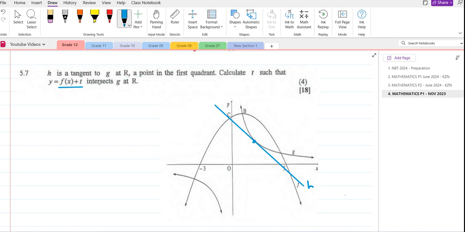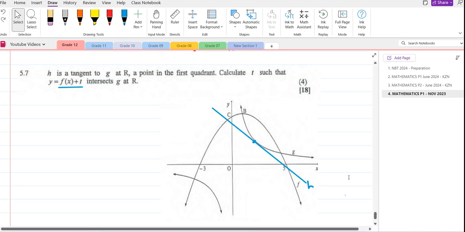H is a tangent to g at R, a point in the first quadrant. Calculate t such that, alright, so I'm going to readjust my line. That's not the tangent line. It needs to intersect the graph. Calculate t such that f of x plus t intersects g at R. These are all tangent lines, okay? Alright, so I need to take this out. So, okay, no, let's keep that line there to make sense of it.